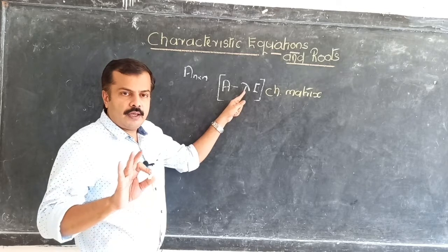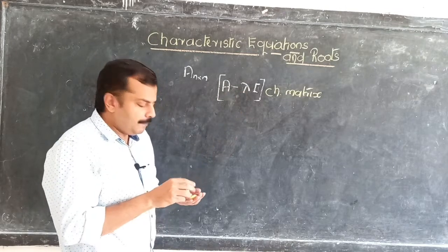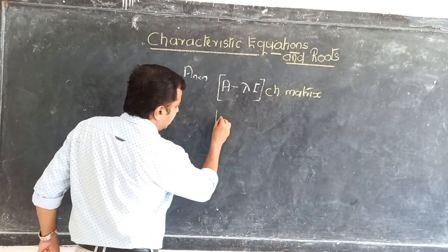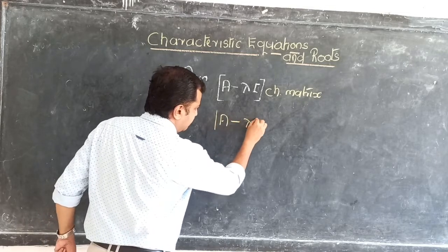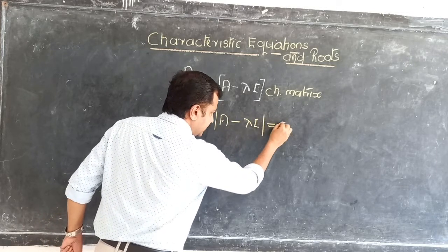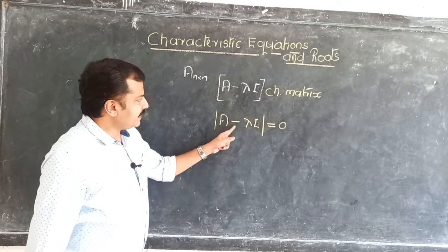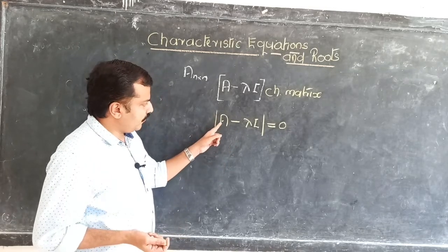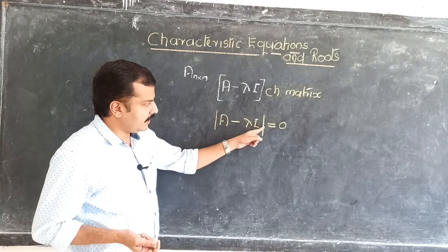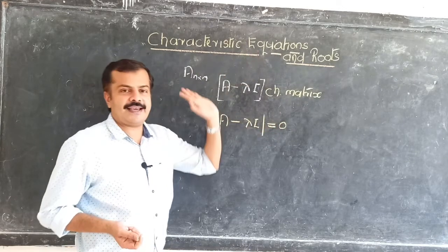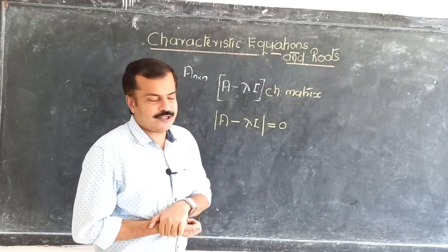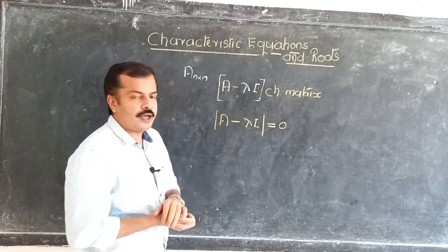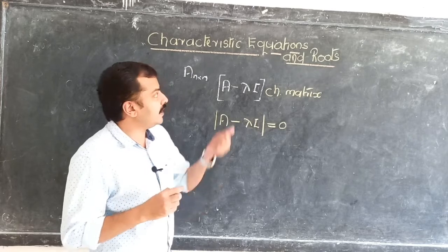Now, given this matrix A minus lambda I, the equation determinant of A minus lambda I equals 0 is known as the characteristic equation.